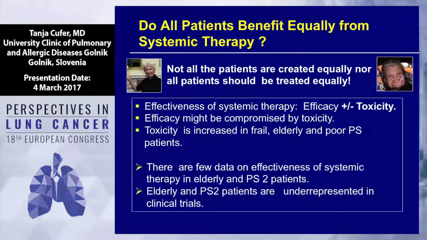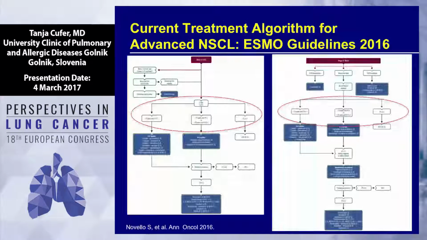On the other hand, we have some trials dedicated to elderly or performance 2 patients, and based on these trials, we built our recommendations. As you can see here, the ESMO recommendations that we issued a few months ago actually mirror what we already discussed: for patients with targets, oncogenic drivers, in terms of targeted therapy, we do not need to select the treatment according to the performance status or the age.